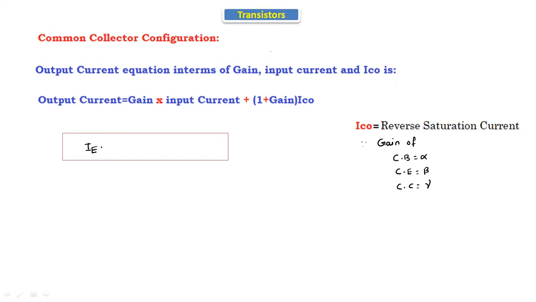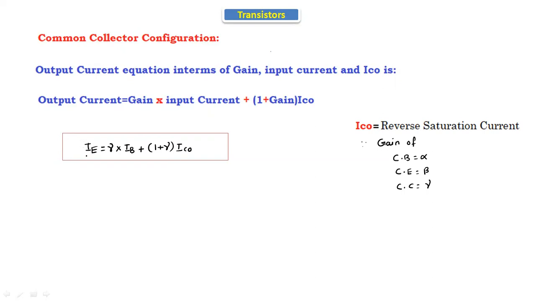IE is equal to gamma, the gain of the common collector configuration, into the input current IB, plus 1 plus gamma into IC naught. This is the output current equation of the common collector configuration.